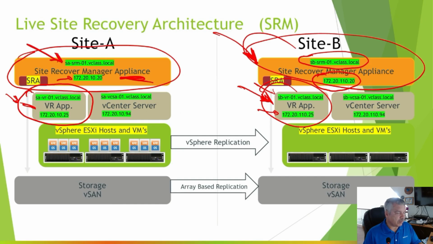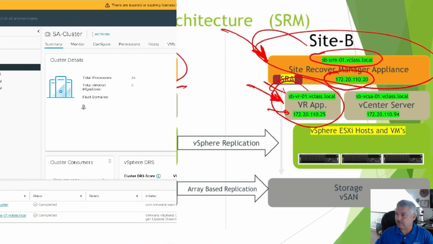Its IP will be 172.20.10.20. There's the vCenter server's fully qualified domain name, and that's where my platform services controller is. Later on we'll deploy this one. So that's what we're going to do right now. So stick around. And by the way, hit that subscribe button and like.